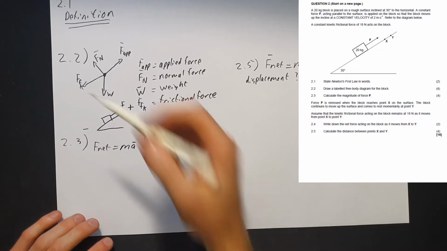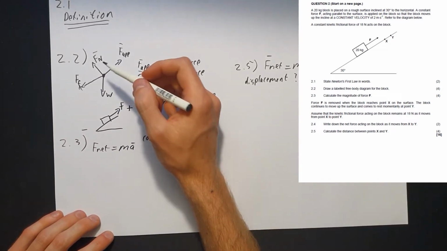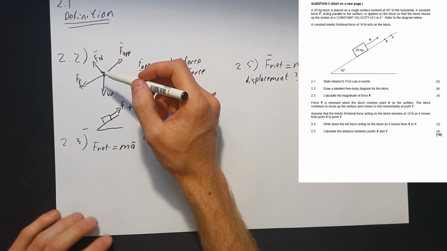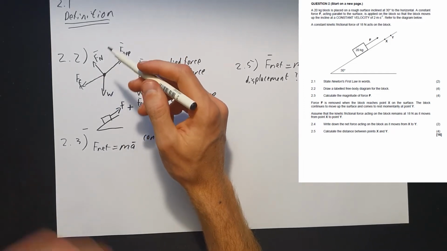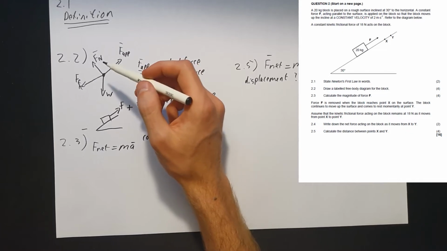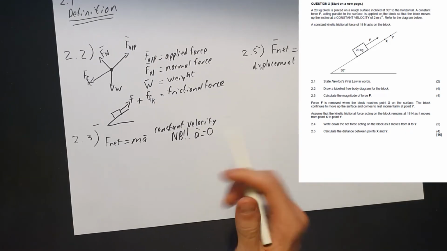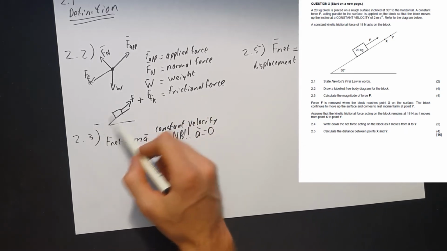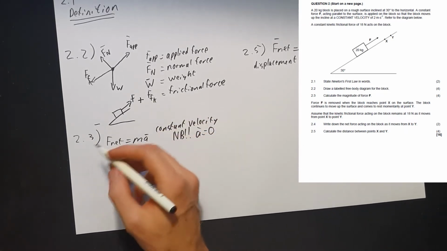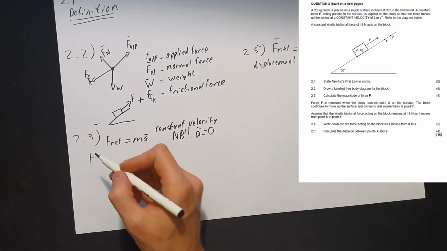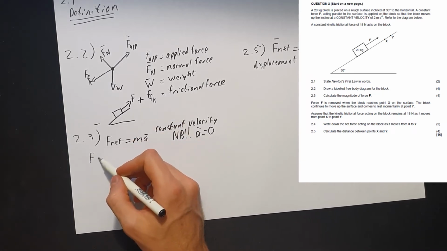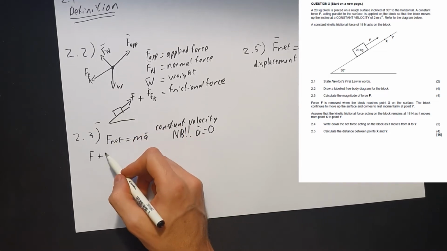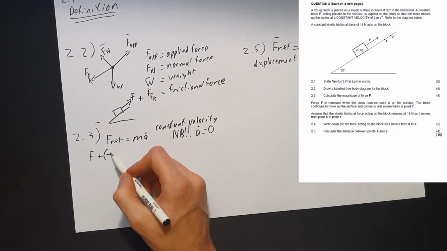Weight is going to break up into its perpendicular and parallel components. So what we're going to do is add up all the forces acting along the slope. That's going to be force applied. Then plus, now the friction is acting downwards and that's 18, so we're going to have minus 18.